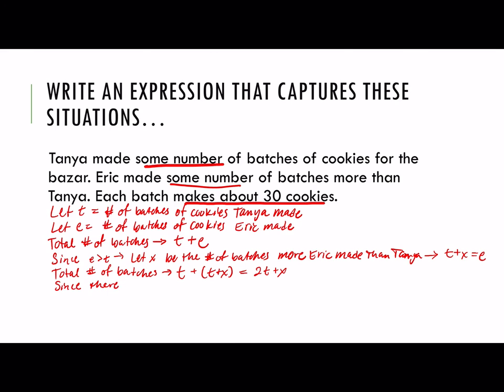Since there are 30 cookies in each batch, the total number of cookies can be expressed as an expression, which is what you do is you take the total number of batches times the number in each batch.